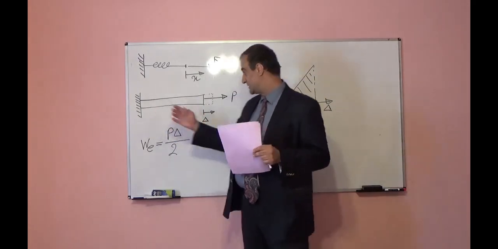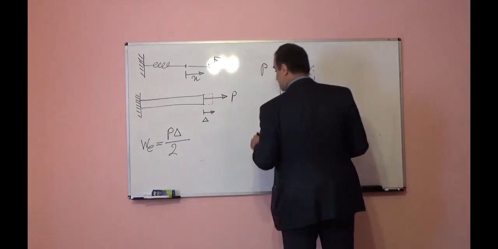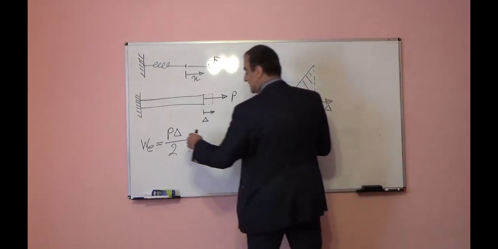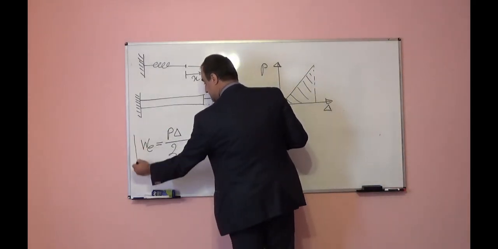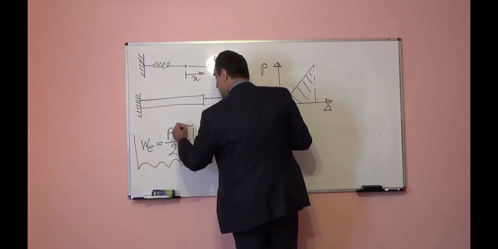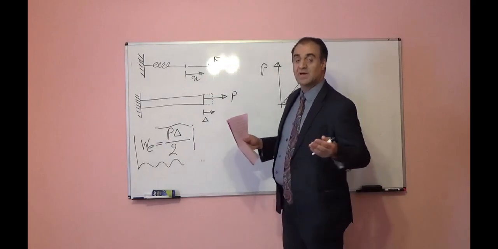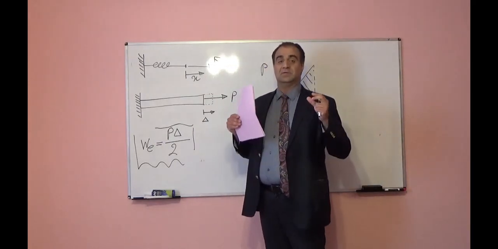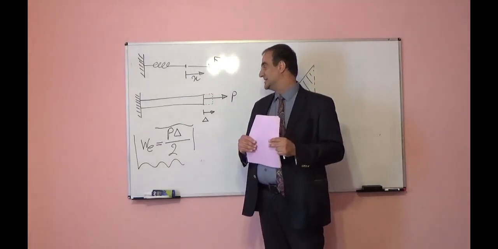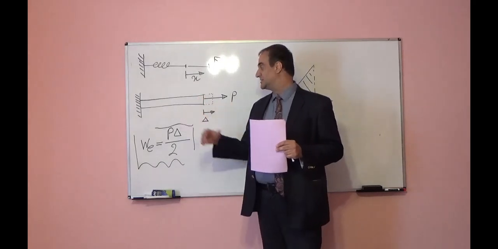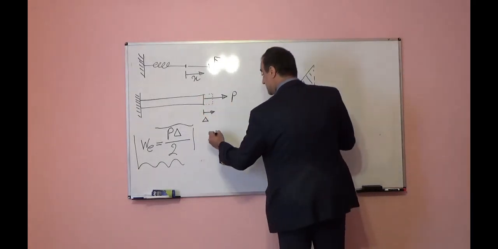in a system. For example, let's come back to this rod problem. Here this is P times delta over 2, which is our external work. This external work should go somewhere. It will be stored as strain energy. What is strain energy here?